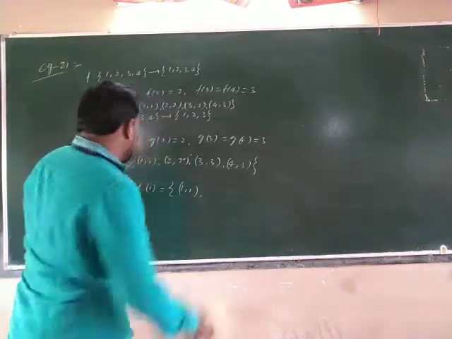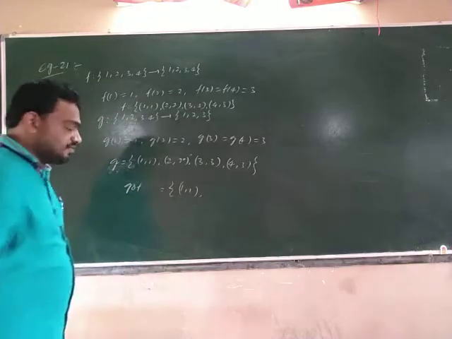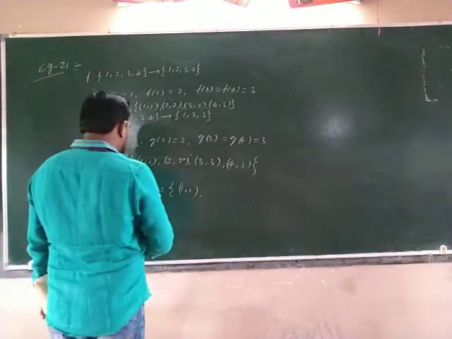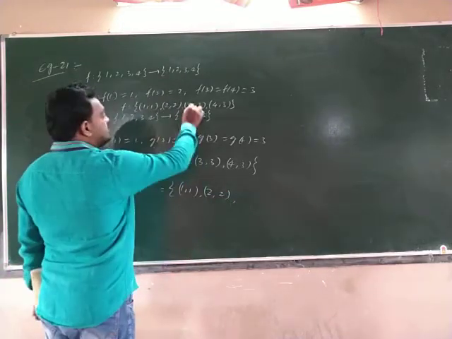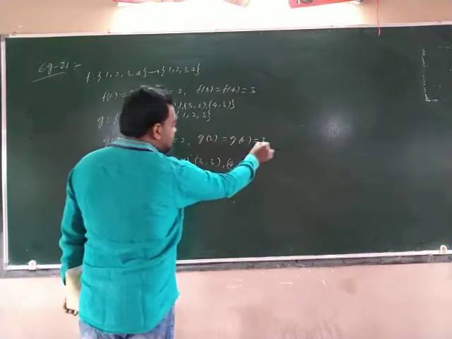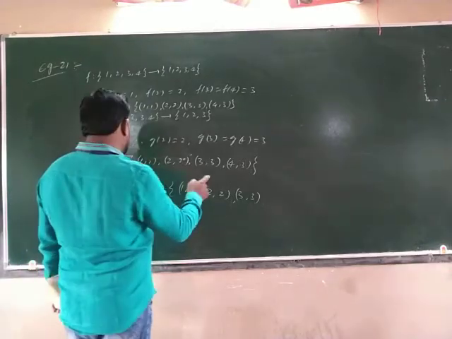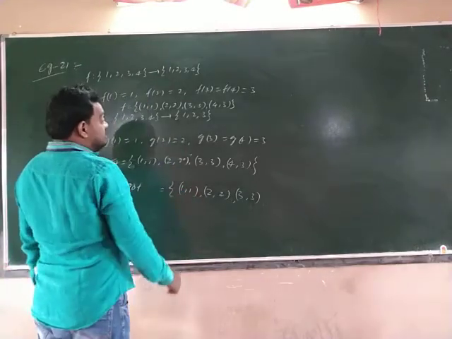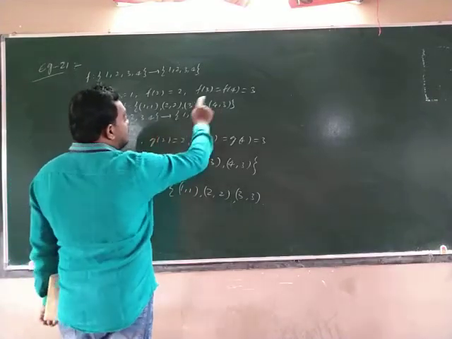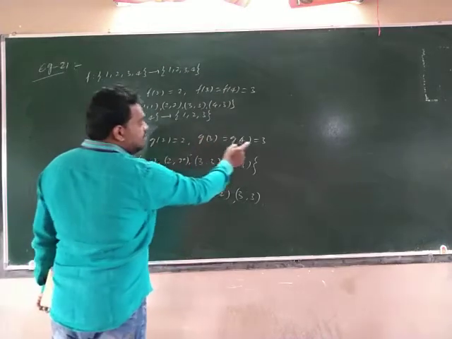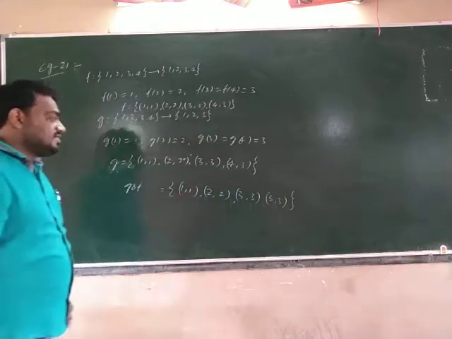If you write 2, F(2) is 2, G(2) is 2. F(3) is 3, G(3) is 3. Next, G circle F of 4: F(4) is 3, G(3) is 3. This is the G circle F.